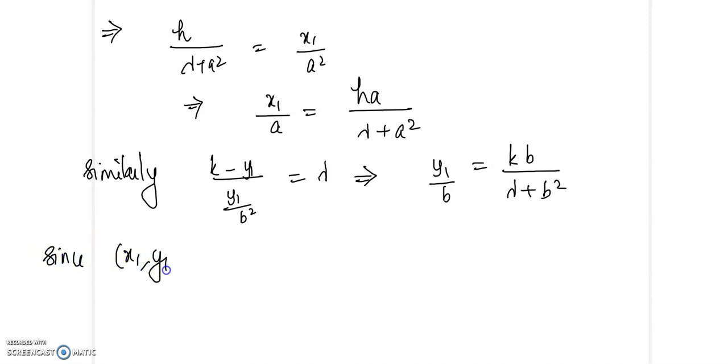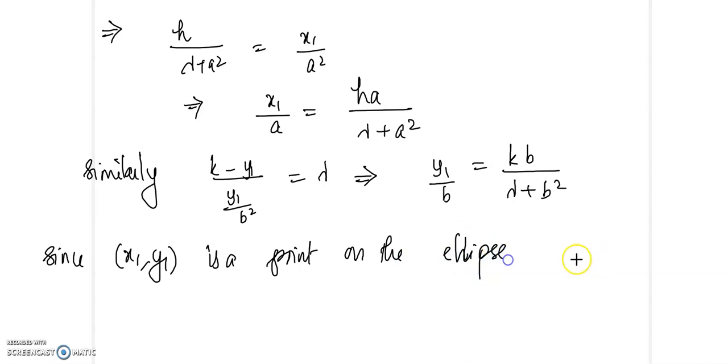Now since x1 y1 is a point on the ellipse, it will satisfy the equation of the ellipse. So x1 square by a square plus y1 square by b square is equal to 1. From these two expressions we have got the value of x1 by a and y1 by b.